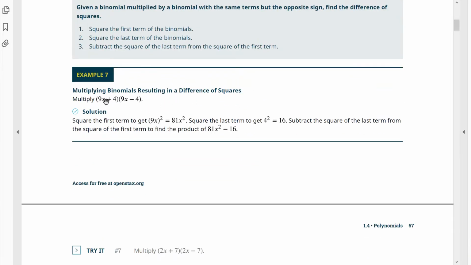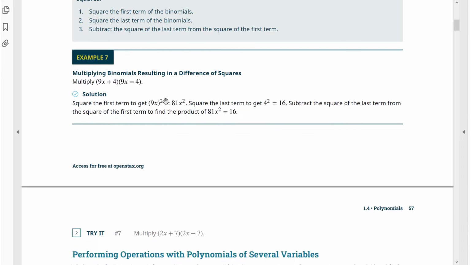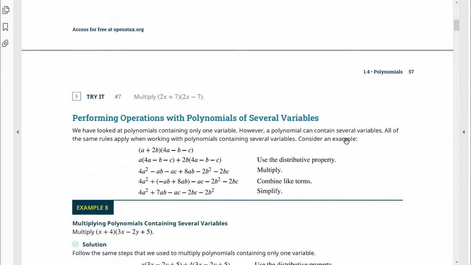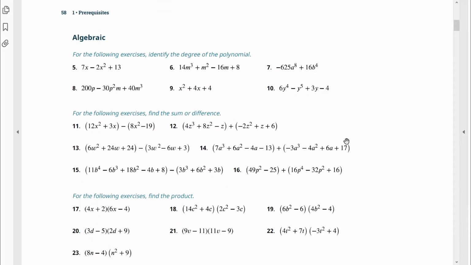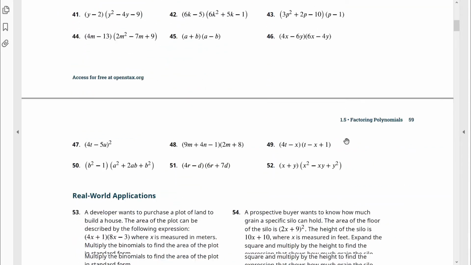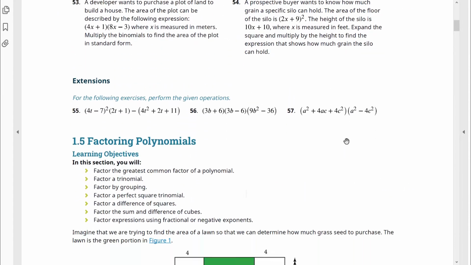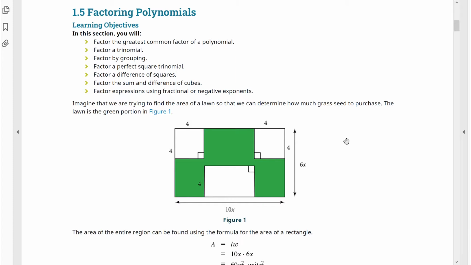Using the difference of squares to calculate that in an easy way. You have to learn this. Examples of multiplications and then exercises, and then factoring polynomials.